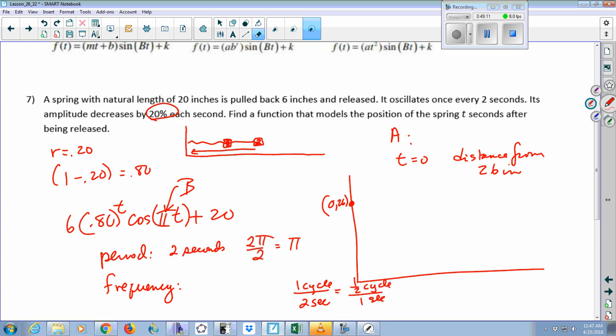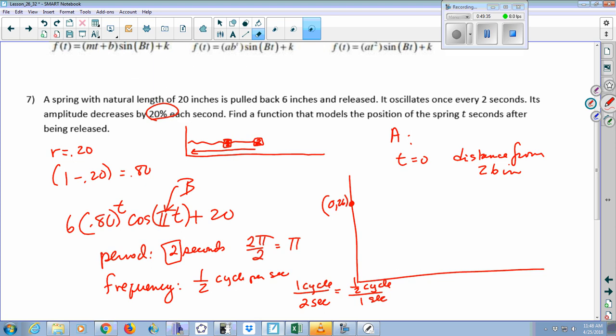So the relationship between the period and your frequency is that they're reciprocals of each other. The frequency is 1/2. They've always got this inverse relationship. So it's 1/2 cycle per second.